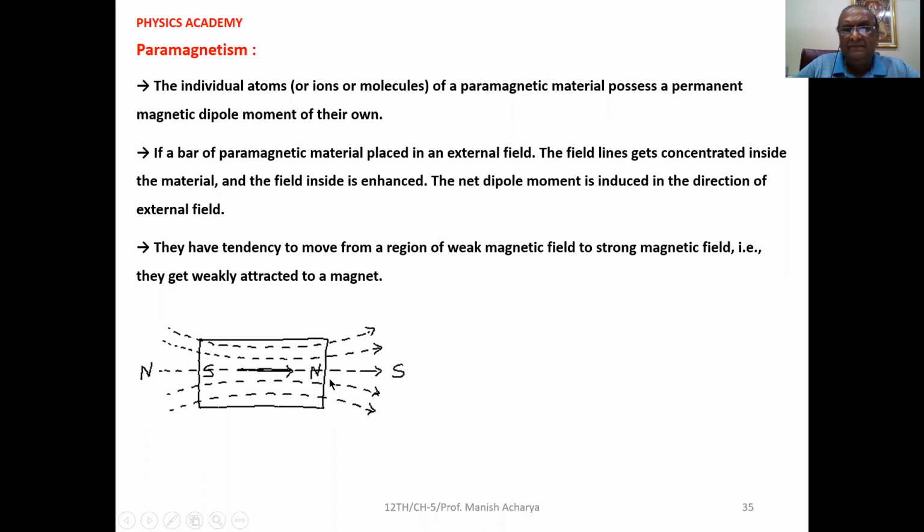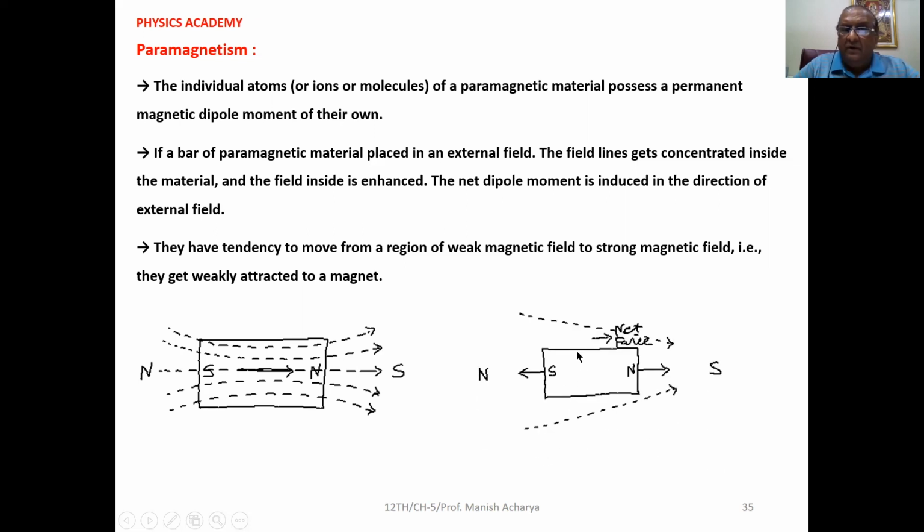Now see here, due to the alignment of these dipole moments, the south pole induced in the sample will be towards the north pole of the external agency, and the north pole in the sample will be induced towards the south pole of the external agency.